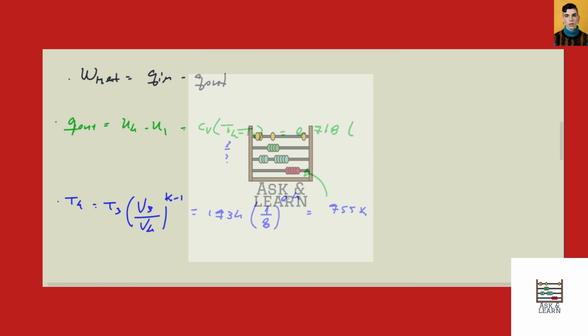And with this temperature, we can calculate the output heat, which is going to be 0.718 multiplied by 755 minus 300, which is equal to 327 kilojoules per kilogram. Okay? And finally, the net work is going to be 750, which is the heat input, minus 327, which gives us a total of 423 kilojoules per kilogram.